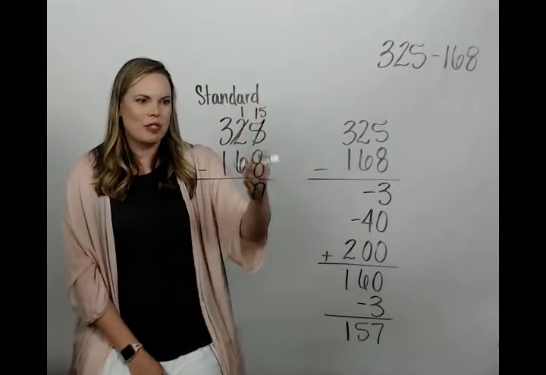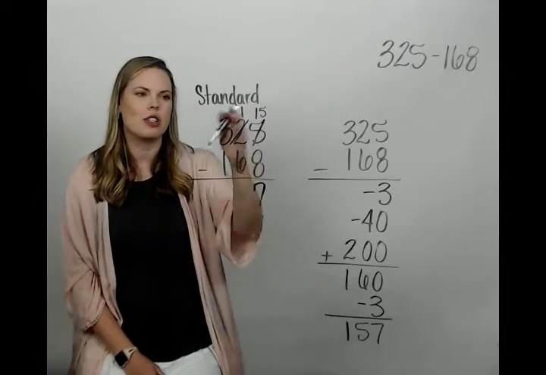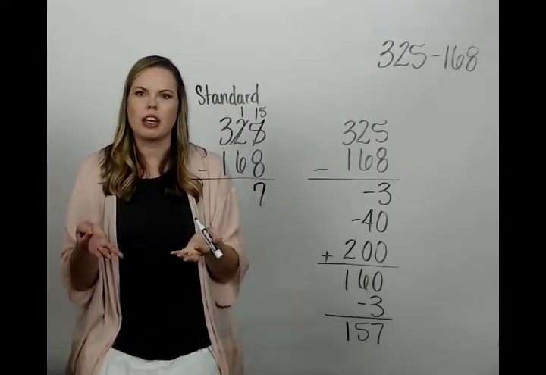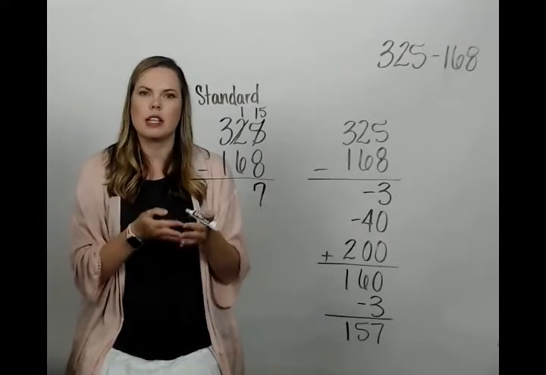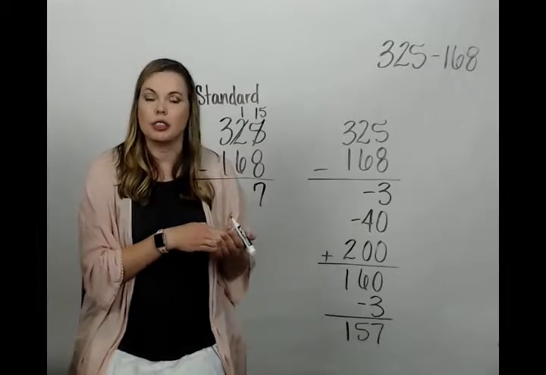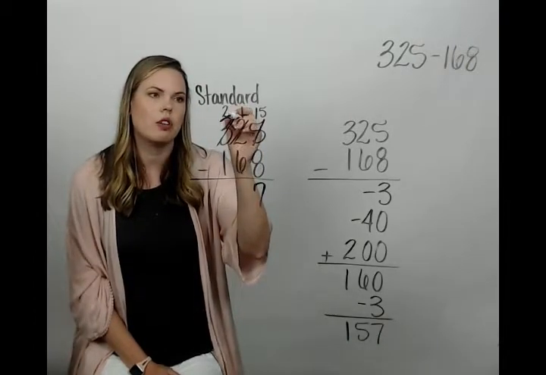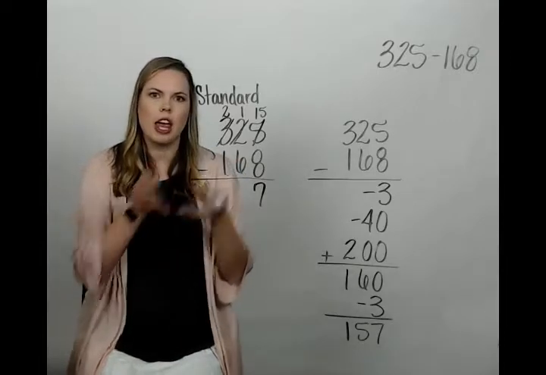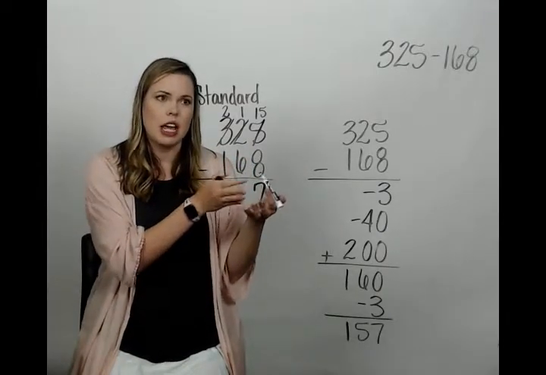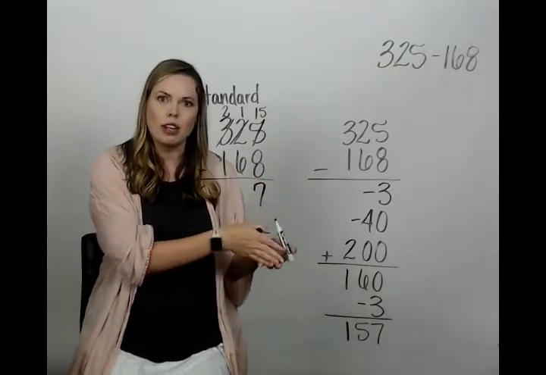But now we move to our tens place and I can't take 6 from 1. And so I turn to my flats or my hundreds and I say, well, I have 3 and I can take away one of these and break it down into the 10 rods or the 10 tens. And so I no longer have 3, I have 2 hundreds and I've moved 10 of those rods over to my tens place. So now I have the 10 rods plus the 1 that I already had.